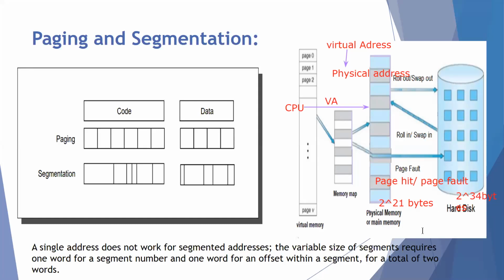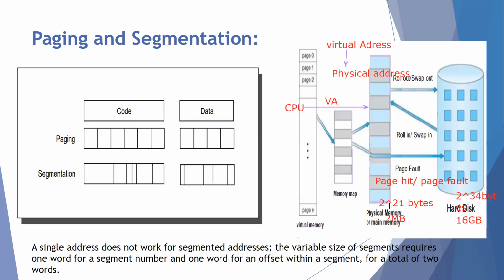How much is 2 raised to 34? 30 is 1 GB, 31 is 2, so this becomes 16 GB. And 2 raised to 21: 20 is 1 MB, 21 is 2 MB. So our virtual memory right now is 16 GB in size, and the main memory is 2 MB in size.